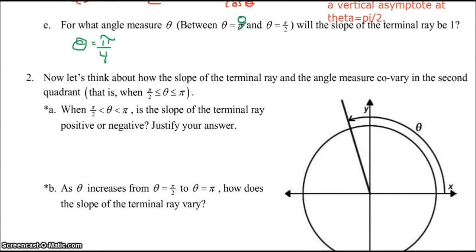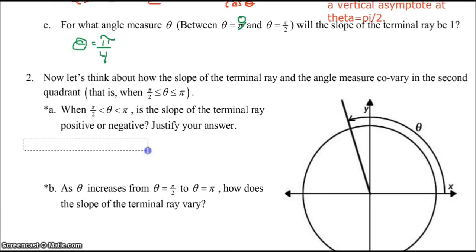Now let's think about how the slope of the terminal ray and the angle measure covary in the second quadrant. That is, when theta is between pi over 2 and pi. When theta is between pi over 2 and pi, is the slope of the terminal ray positive or negative?